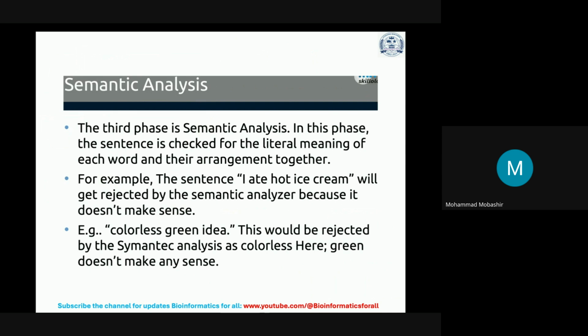Now, another example, colorless green idea. If you are using the word colorless, then you cannot use the word green. So this would be rejected by the semantic analysis, as colorless green does not make any sense. Similarly with hot ice cream: when you are saying ice cream, hot does not make any sense.